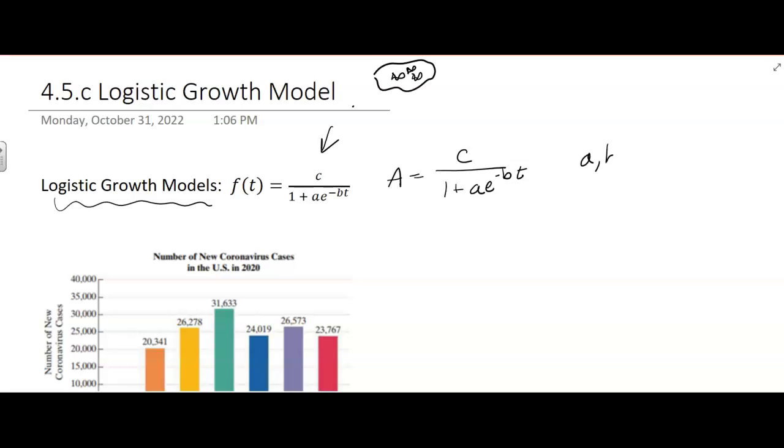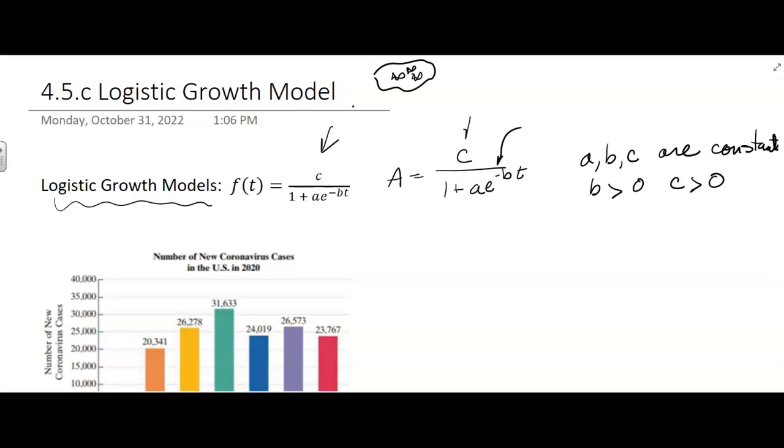Now, a, b, and c are constants, and we don't know what they are. Other scientists figure that out for us. And b and c are both greater than 0. We do have an opposite sign in front of the b, but just so that you know. And t is still time.